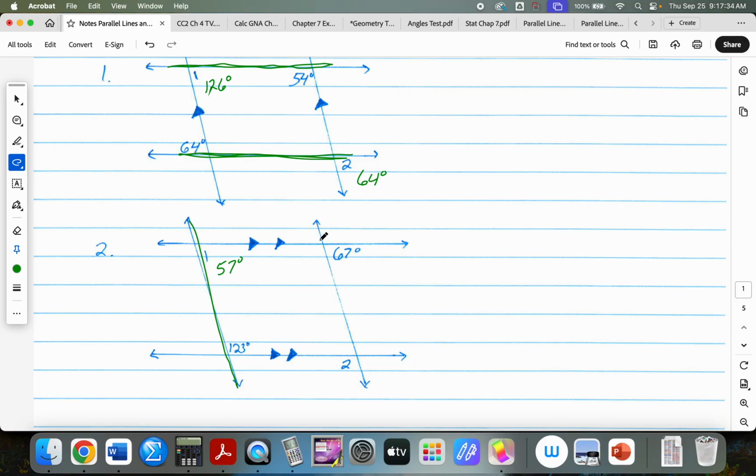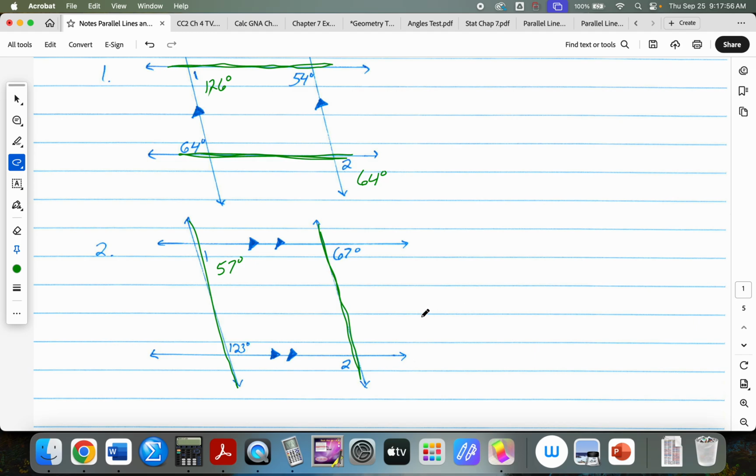And then over here, angle 2 is going to be related to the 67, but not directly. And there's many ways that you can do this, but 2 and 67 aren't any kind of angles. Opposite x? Oh yeah, none. Right.